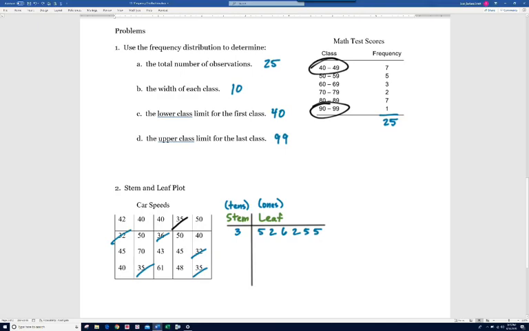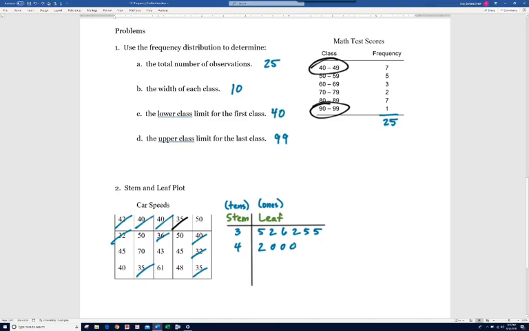And then now we'll go to the 40s. Looking in the first row, we've got 42, so we need to put a 2 here. We got a couple of 40s, so we'll put a 0 in here for each one of those. In the second row, we've got a 40. Seems to be a popular speed.